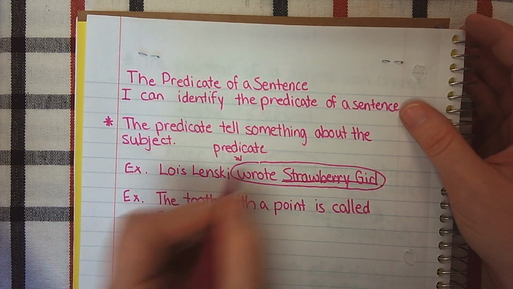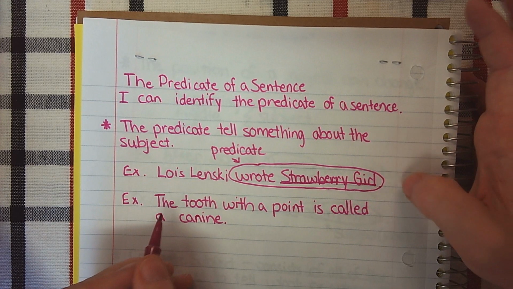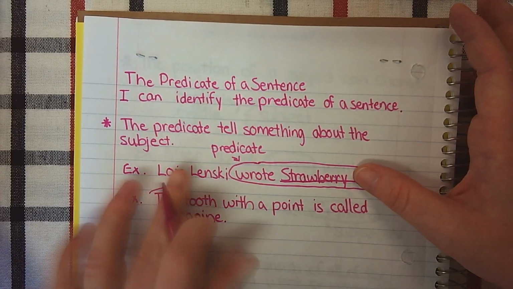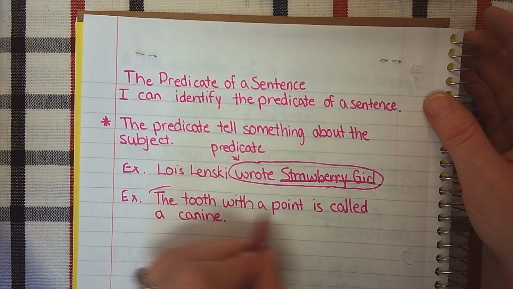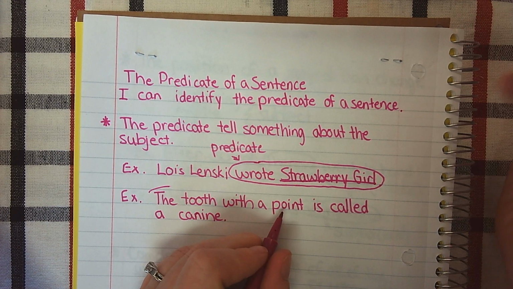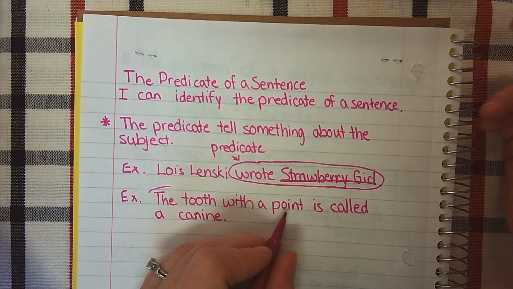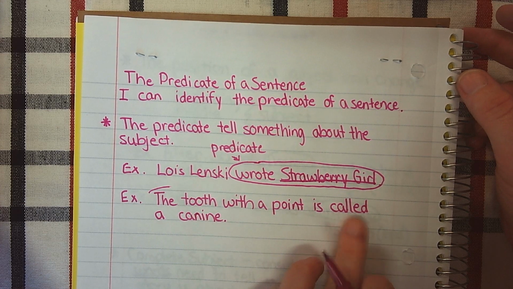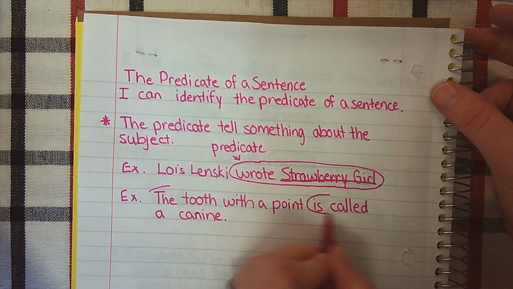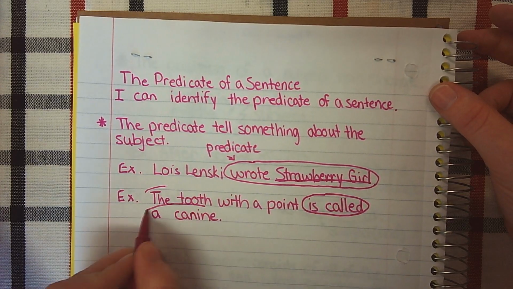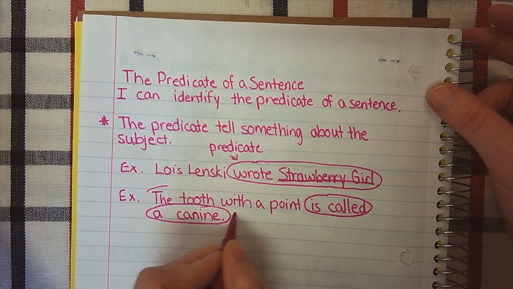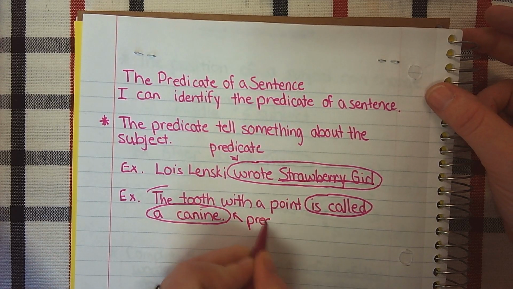Okay. In our last lesson, we established that the subject of this sentence is the tooth with a point. So what are we learning? What is it telling us about the tooth with a point? It's telling us that it is called a canine. So we need to circle, is called a canine. This is our predicate.